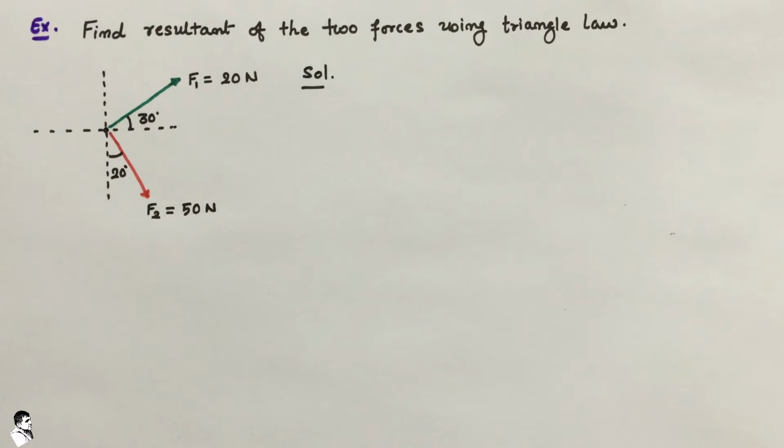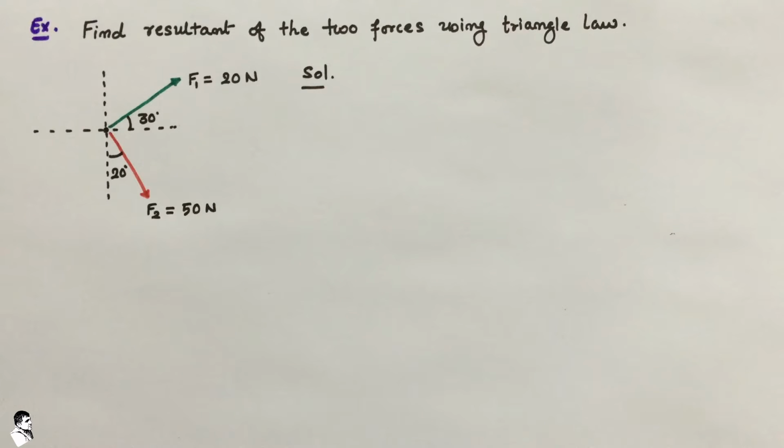So here we try to draw a triangle, but that triangle will follow the rules that we already saw in the previous lecture. Considering the forces F1 and F2, we just draw one closed triangle.